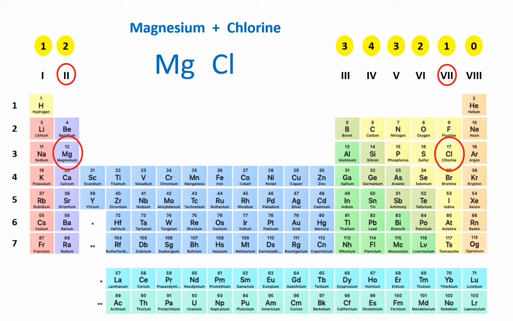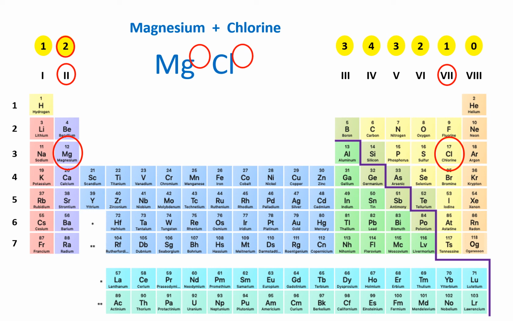Magnesium, located on the left of the zigzag line, is a metal. Chlorine, located to the right of the zigzag line, is a nonmetal. We confirm that the symbols are written in the correct order with the metal first. As superscripts, we will write down the numbers of electrons lost or gained.